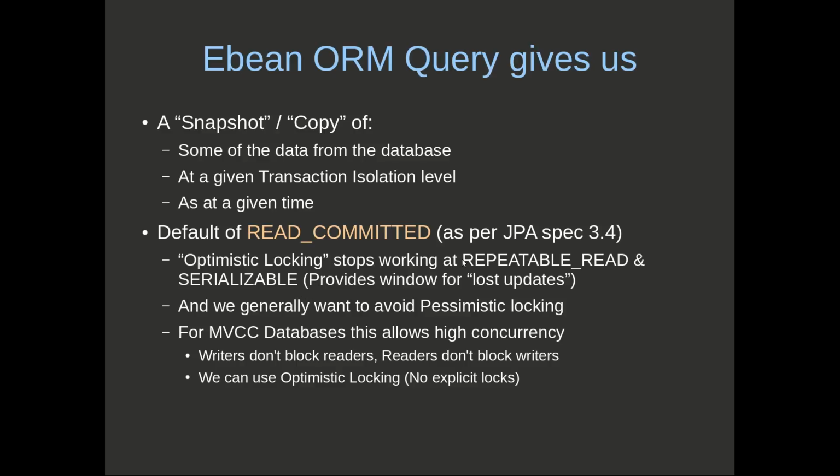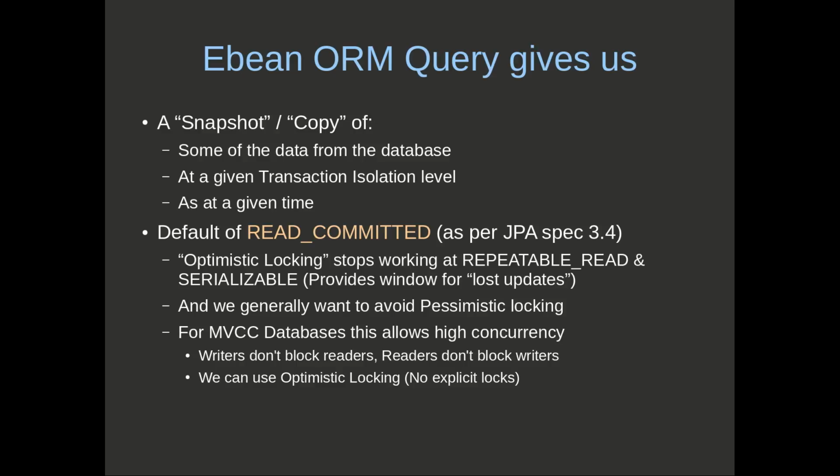So at these higher isolation levels, what happens is that there is now a window of opportunity for a lost update. So if we have a transaction that started, say, 10 seconds ago, and now we're doing an update with an optimistic locking check, that update will see data as at the transaction start time, which was 10 seconds ago.